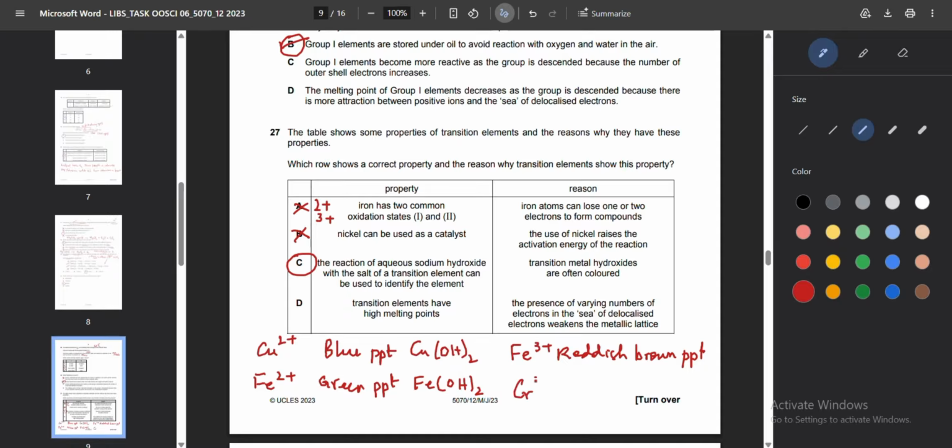Chromium positive 3 forms gray green precipitates, which are soluble in excess sodium hydroxide. Okay.